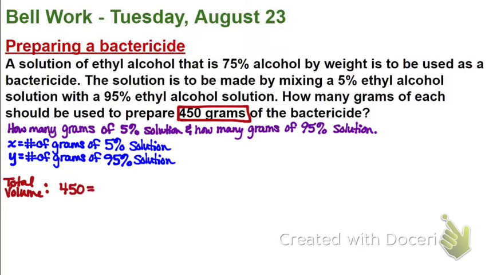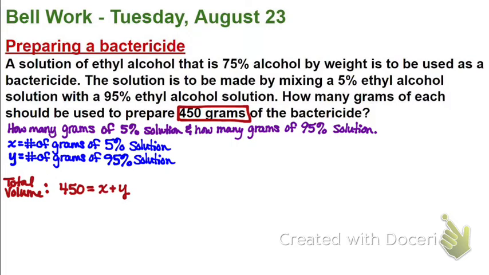X and Y. We're going to dump some of the 5% solution in, dump some of the 95% solution in, and together we want that to be 450 grams total volume. So far, so good? Okay. So that's one of my equations.